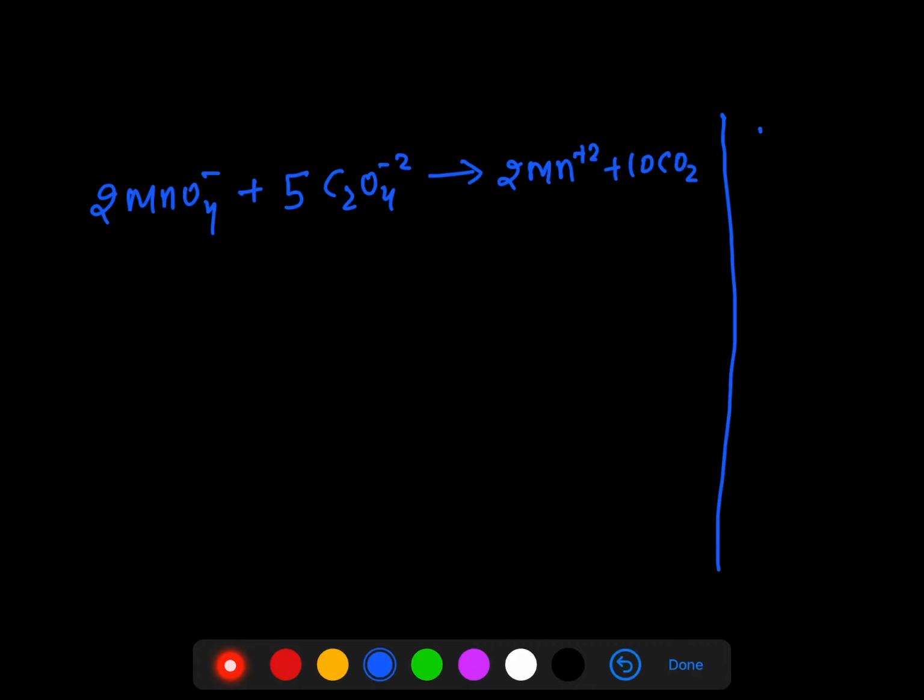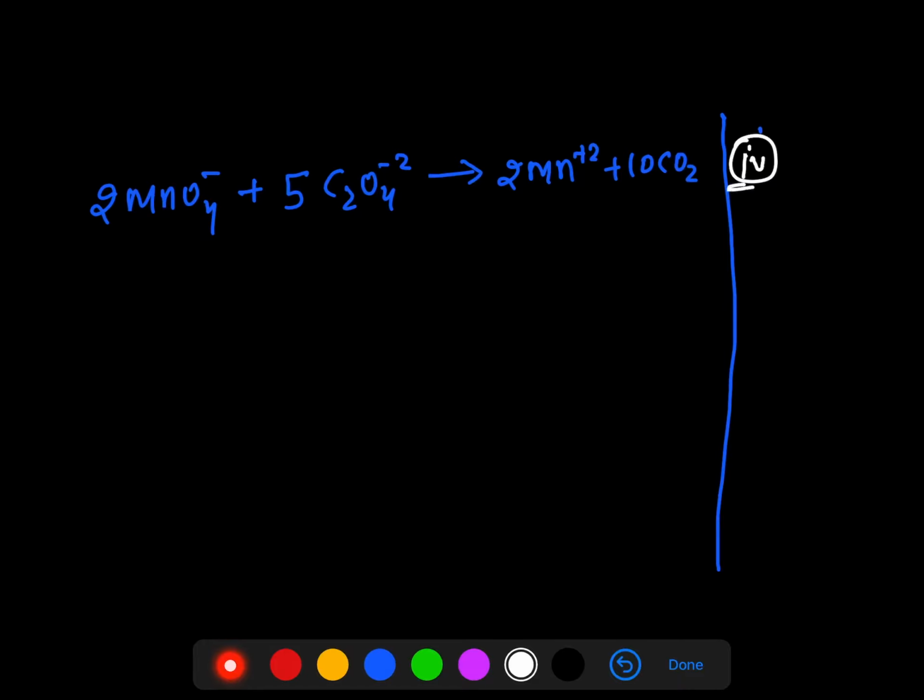Right? So can we write it as 2 MnO4- plus 5 C2O4 2- gives us 2 Mn+2 plus 10 CO2. That is what we got in the last step by equating the oxidation number change. Fine. Now we have equated the change in the oxidation number.